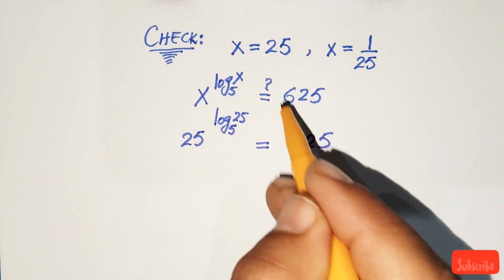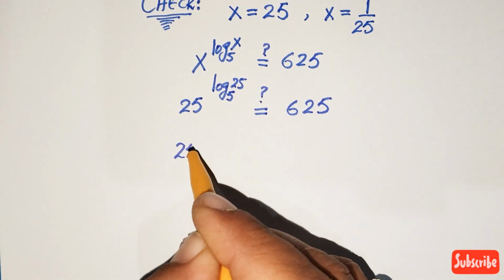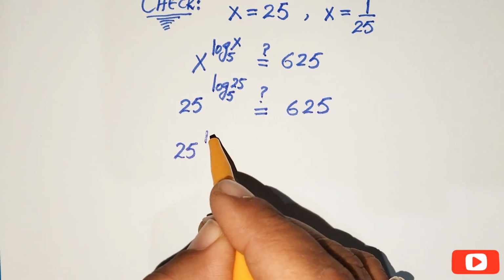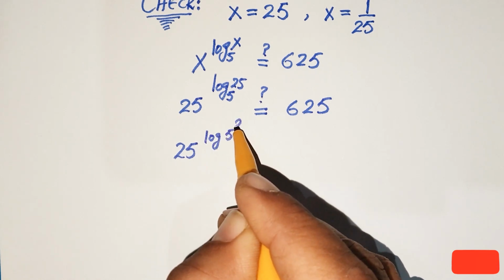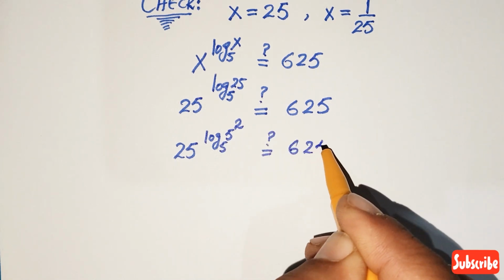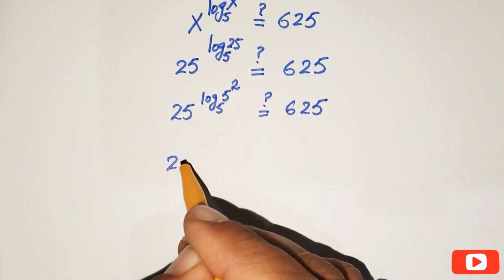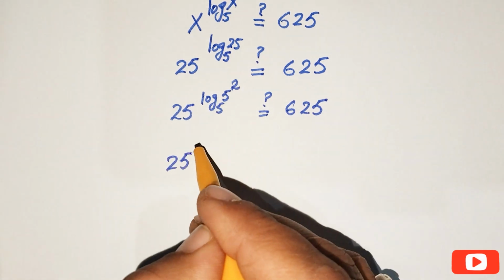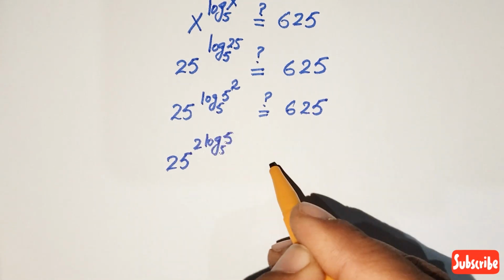So here 25 can be written as 5 square, so log 5 square with base 5, and the 2 comes in front, 2 log 5 with base 5, is equal to 625.